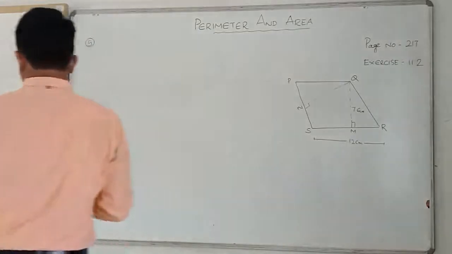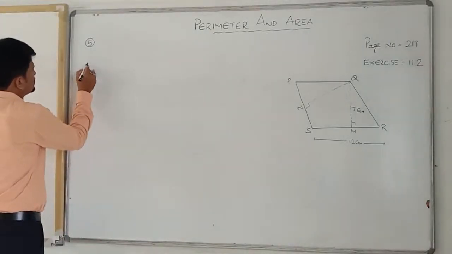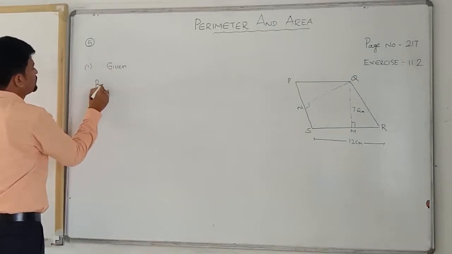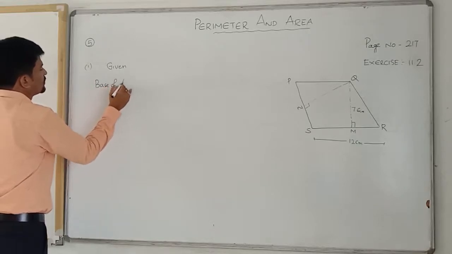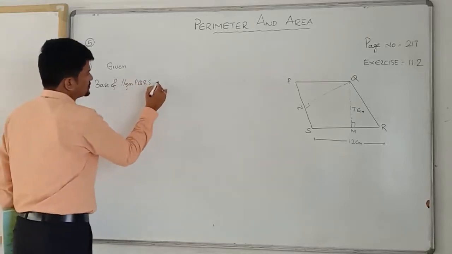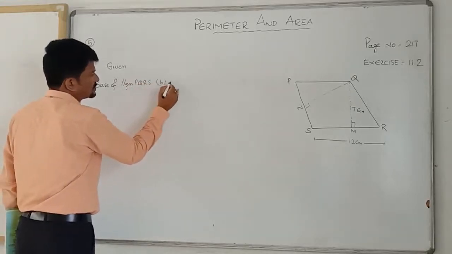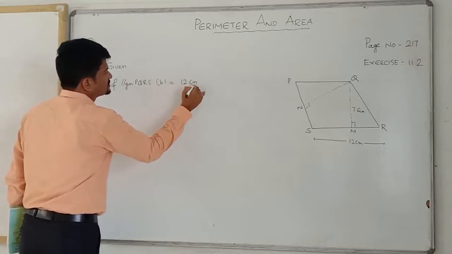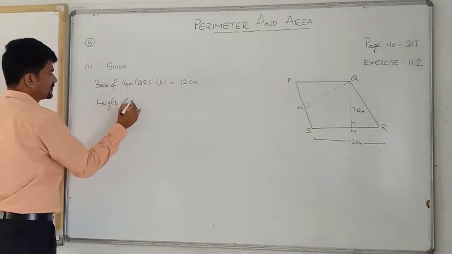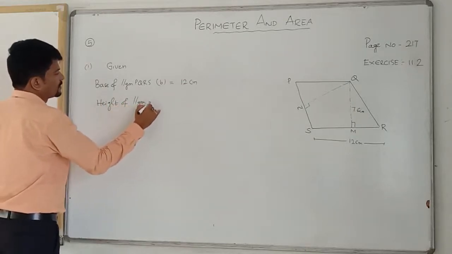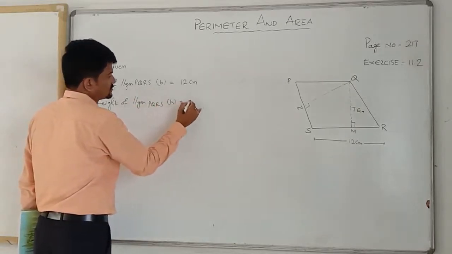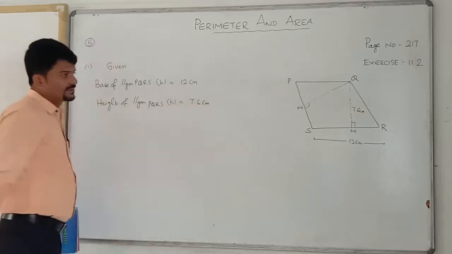Let me find the first one. Given base of parallelogram PQRS is 12 centimeters, and height of parallelogram PQRS is equal to 7.6 centimeters. Am I right?